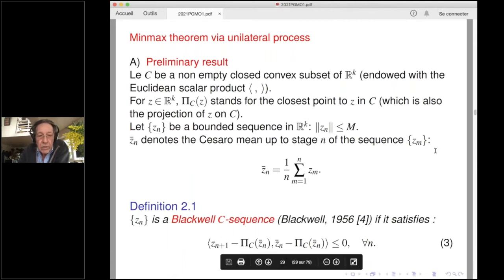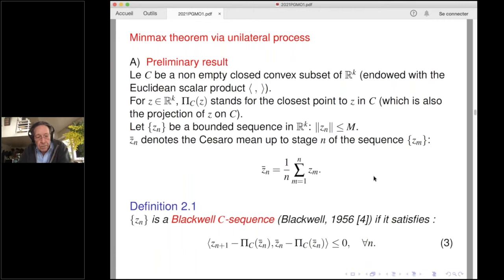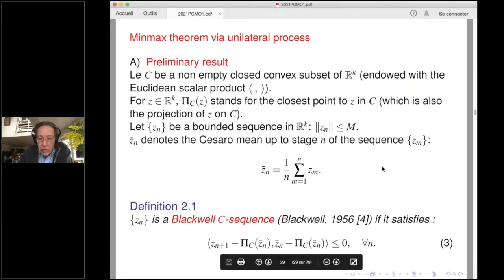So you start from z_{n+1}, and starting from the average z_n bar, you project on C, and you have this scalar product, which is negative.